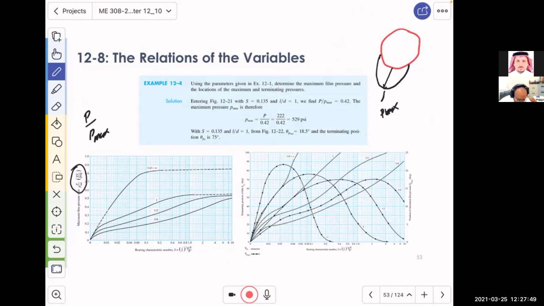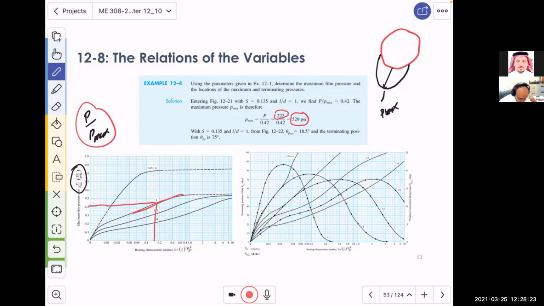Again, if you know the S value and L over D, you can find this ratio, and from this ratio, you can calculate P max. And if you see here, while the projected pressure from the load is 222 psi, the maximum pressure reached 529. Okay, now you remember I told you about two angles.